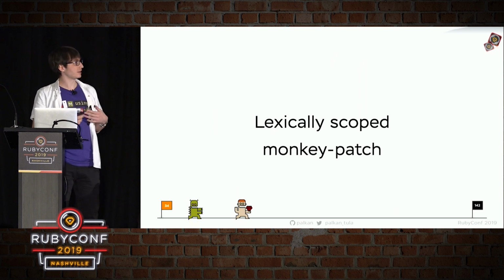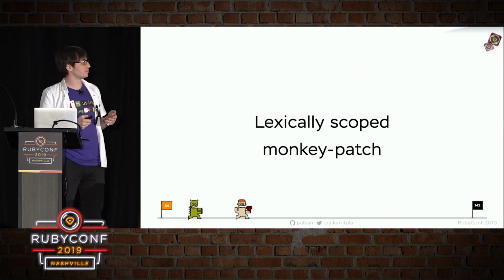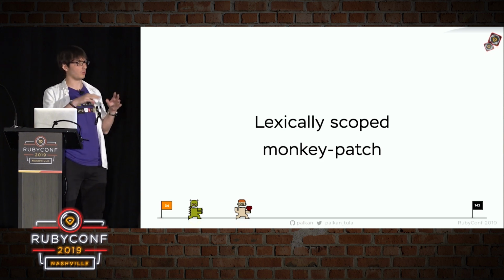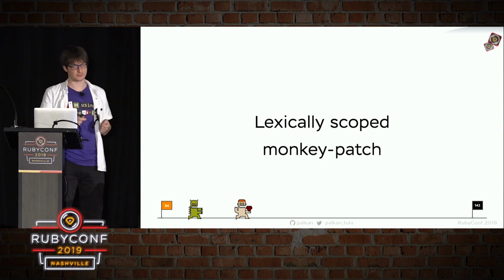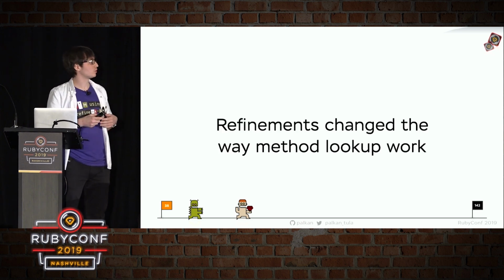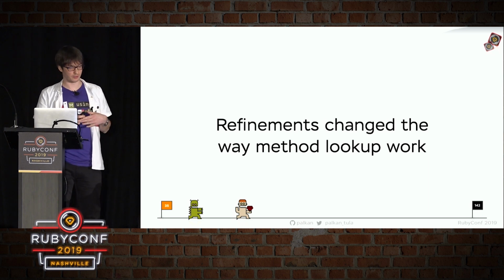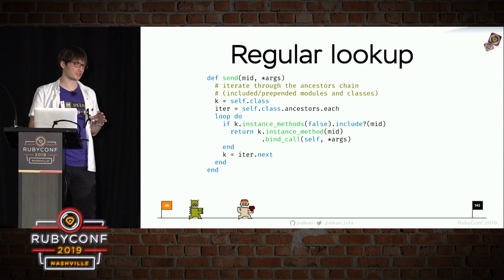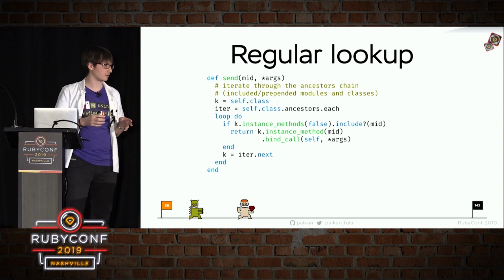So a refinement is a lexically scoped monkey patch. It means that it somehow takes into account the place from where the method call was made. In other words, it changes the way method lookup works in Ruby. Before refinements, we had a pretty straightforward method lookup algorithm.